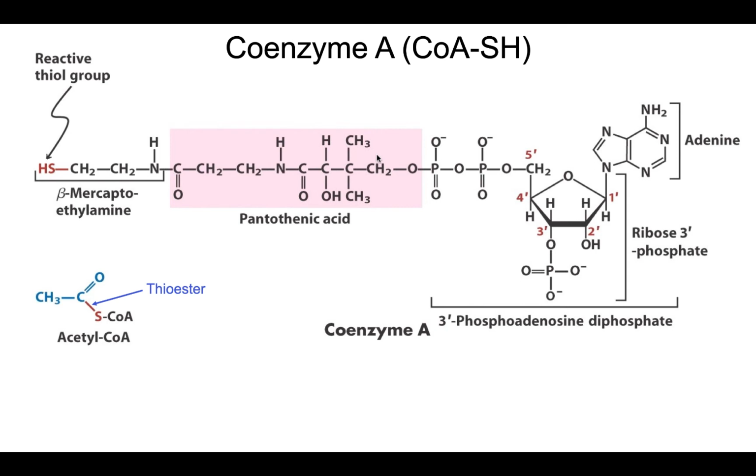It's just kind of holding on to the important sulfhydryl group, and it's this sulfhydryl group that is going to bind to our acetyl group. And there's another thioester right there, sulfur carbon bond. Very reactive bond. That's what's going to be necessary for the ability of acetyl-CoA to be involved in the first reaction of the citric acid cycle.